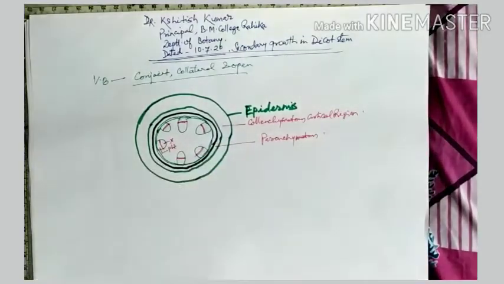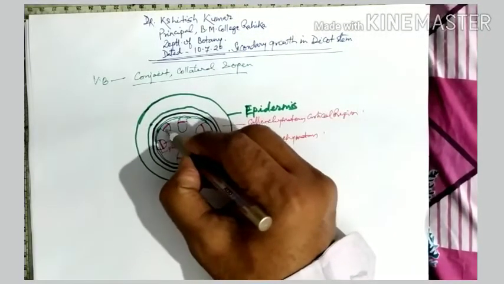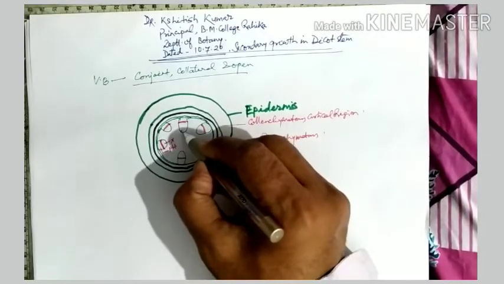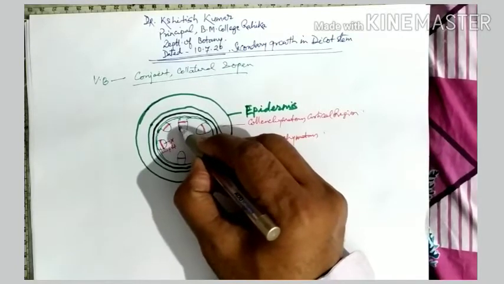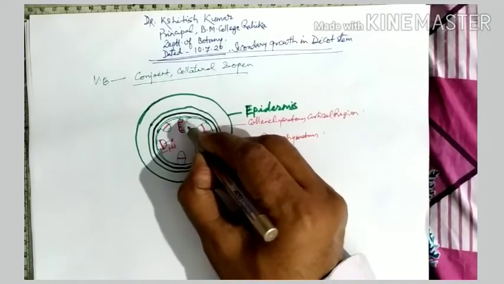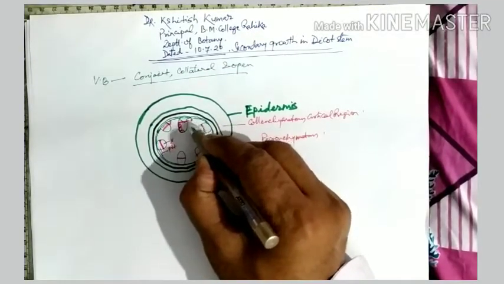This xylem is endarch, means the protoxylem is towards the center and gradually towards the pericycle it is metaxylem. This is phloem, this is phloem.